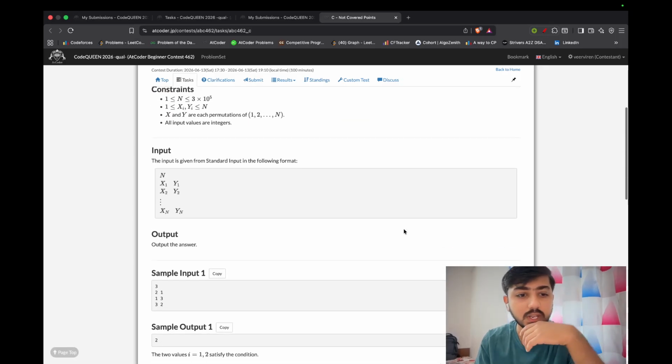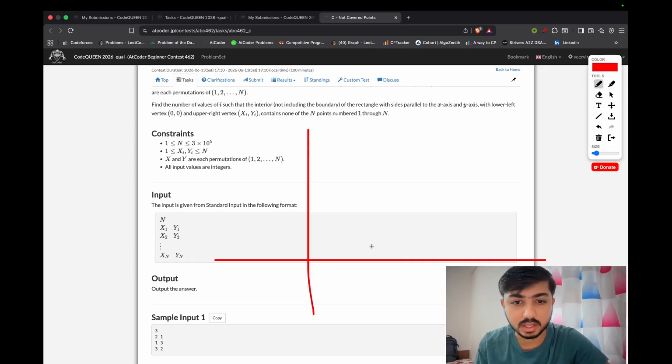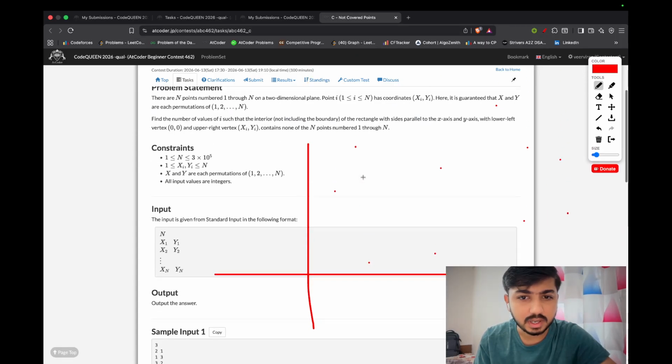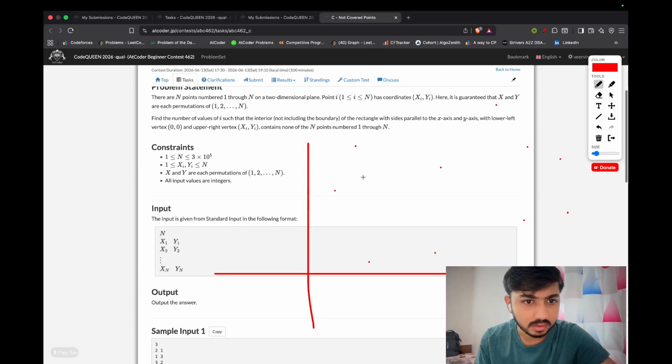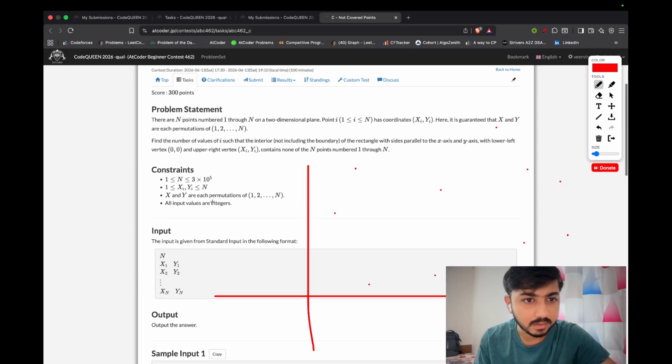Okay, so actually the problem statement is we have a plane and there are some points. Okay, so we have to frame the largest, find, there are multiple answers, right? What we have to output is the answer.